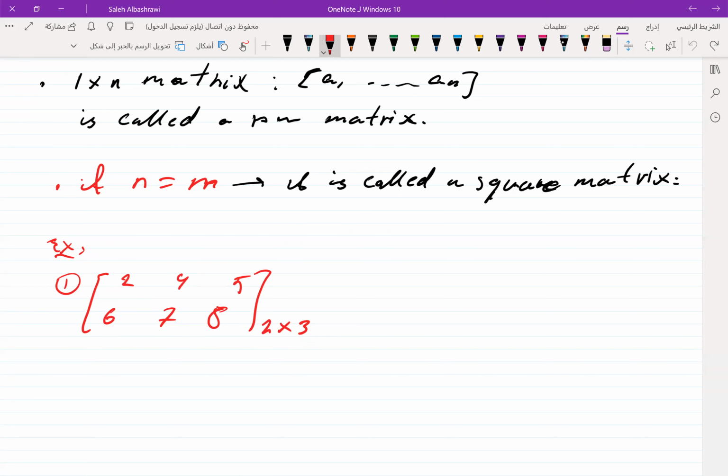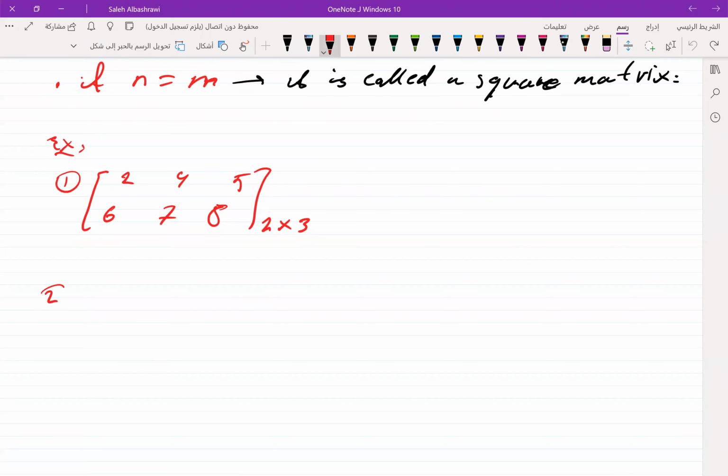Also, it indicates that we have 6 elements in this matrix, 6 entries. The number and order of the columns and rows is very important for operations on matrices, either multiplication or addition, or also to compare two matrices, whether they are equal or not. They must be the same size, or the number of columns must equal the number of rows in some conditions to multiply two matrices.